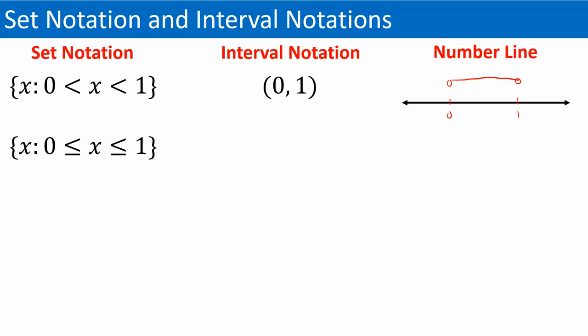If we're reading this second question here, we've got set X again, so I've got a group of X values that are, now what does this mean? Less than or equal to. It means I can have a 0 and I can have a 1, so how would I use my interval notation? I'd use close brackets to say I have 0, I have 1, so it's between 0 and 1.